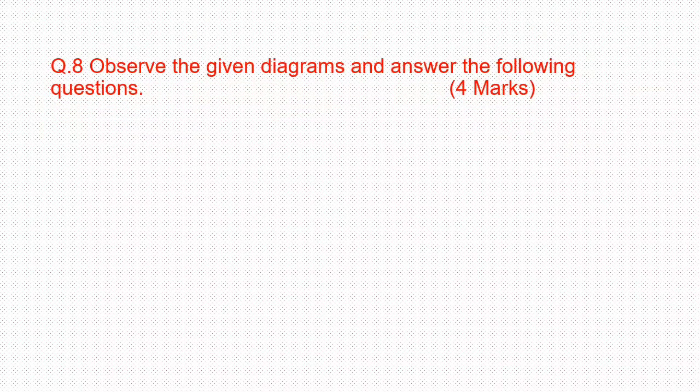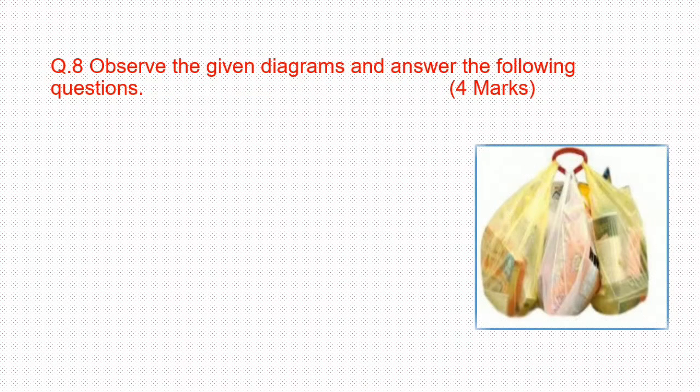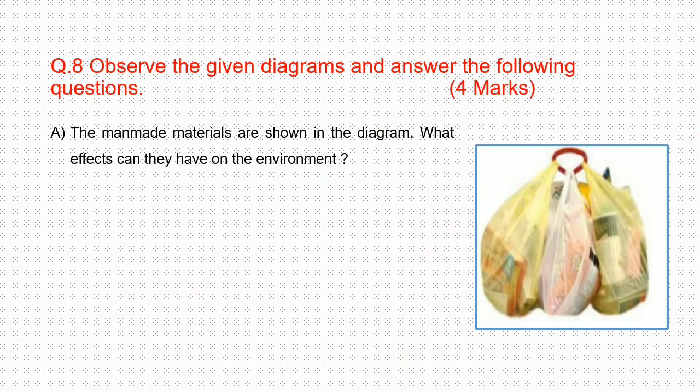Question number 8 is, observe the given diagram and answer the following questions. Diagram is given here. These are some plastic bags which we use in daily life. And the first question is, the man-made materials are shown in the diagram. What effect can they have on the environment?